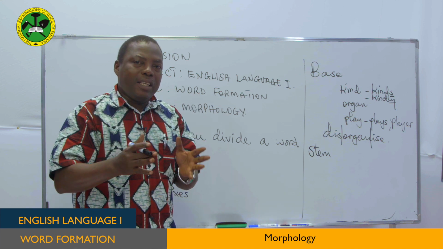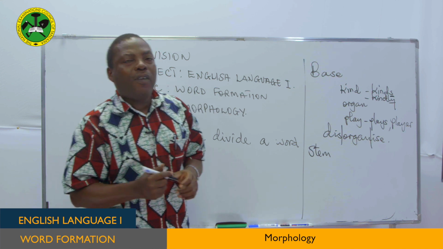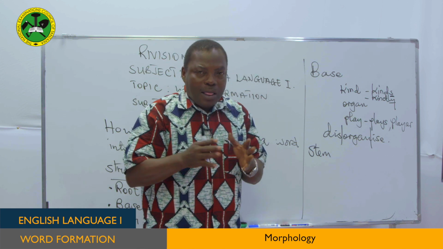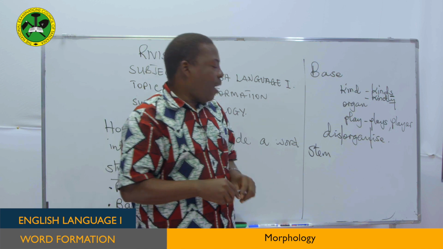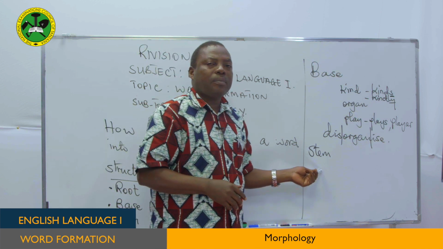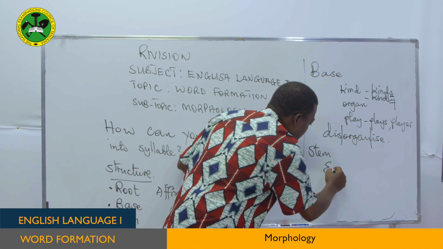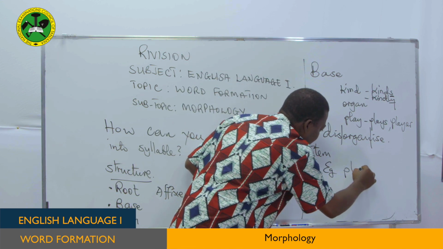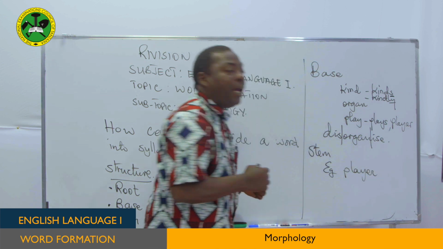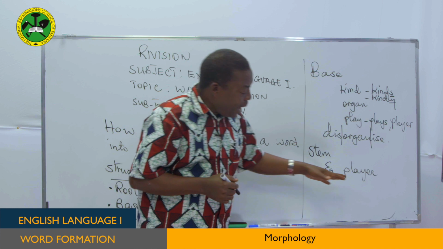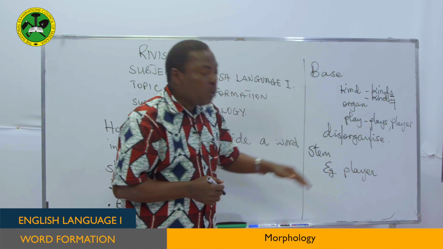Once a word has a possibility of accepting derivational attachment, then that word cannot qualify to be a stem. For example, we had a word player. So this word player qualifies to be a stem.